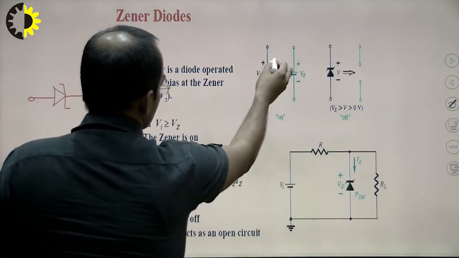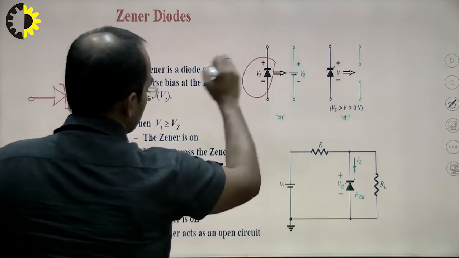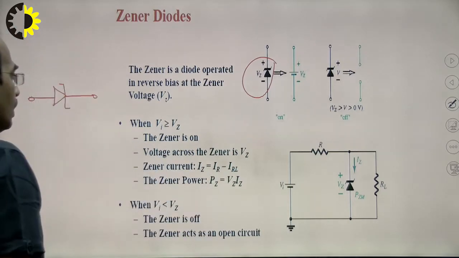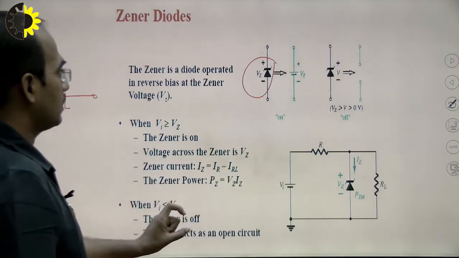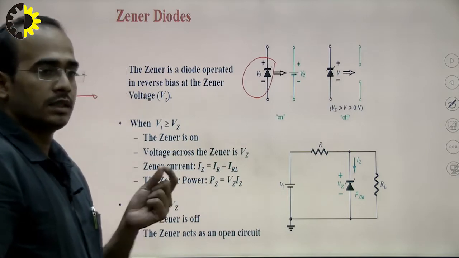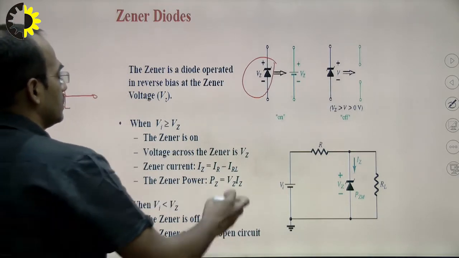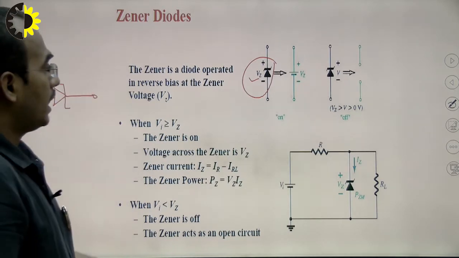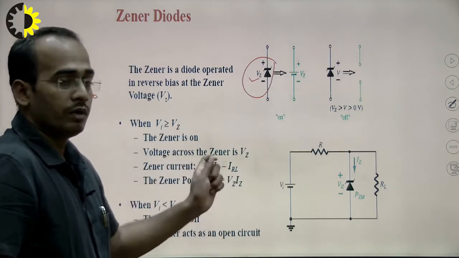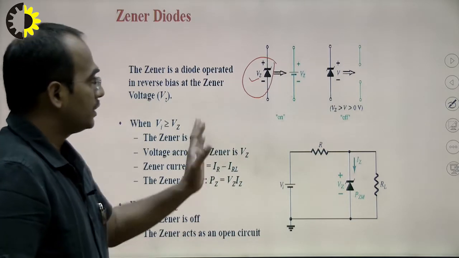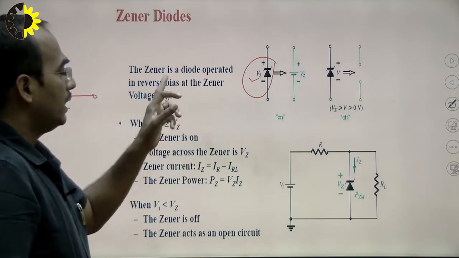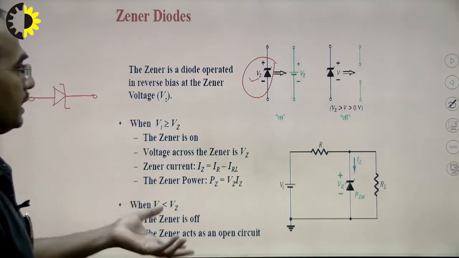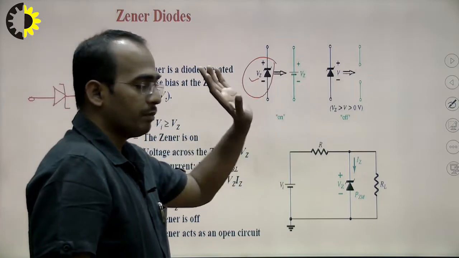Here the symbol shows the Zener diode, and I have applied the reverse bias voltage across it. When the applied reverse bias voltage is greater than the Zener voltage Vz, the Zener diode will be on. If the Zener voltage is greater than the reverse bias voltage, in that case the Zener will be off.